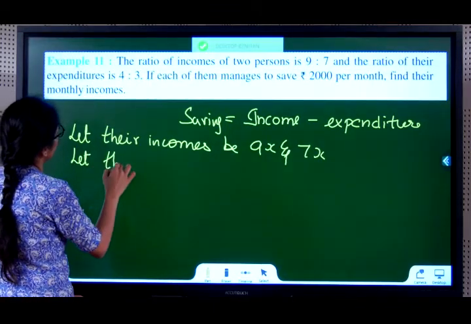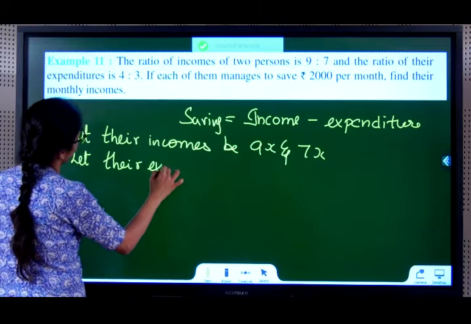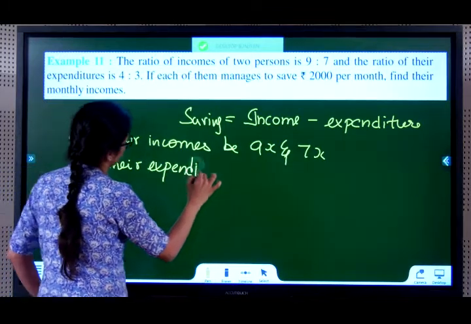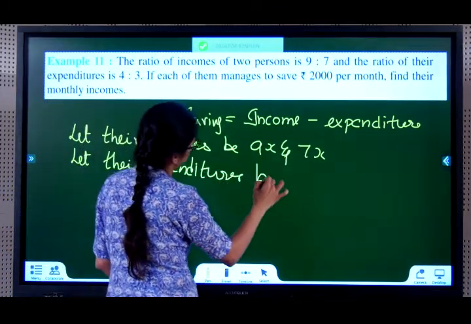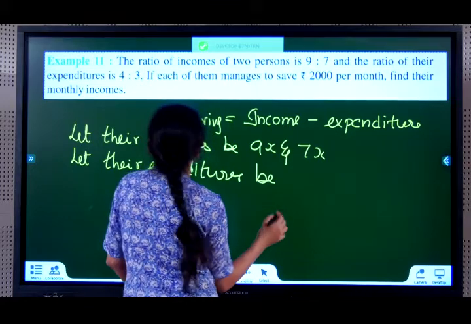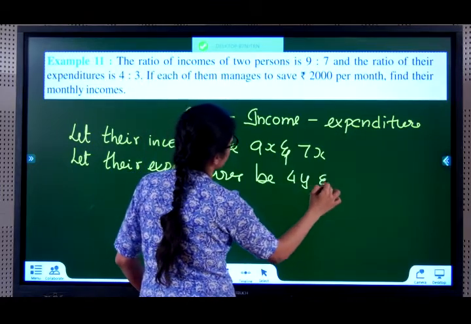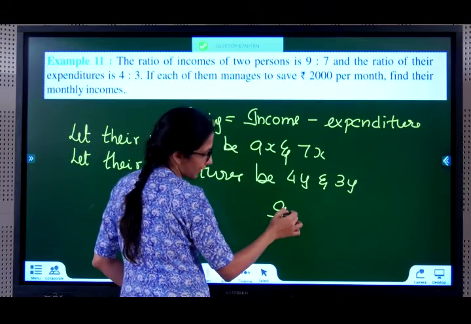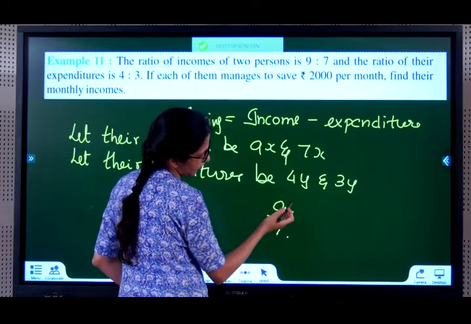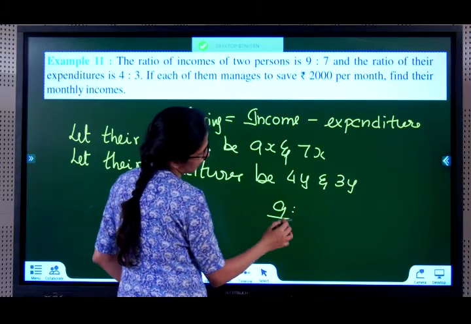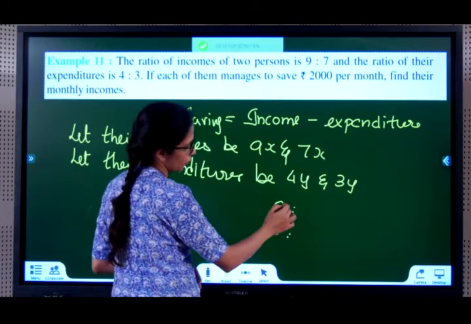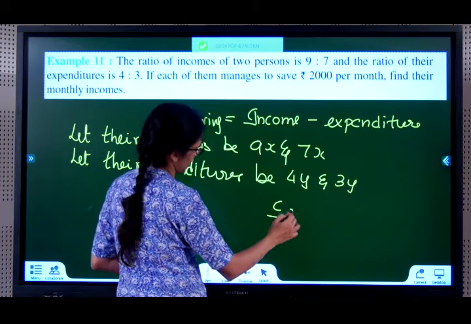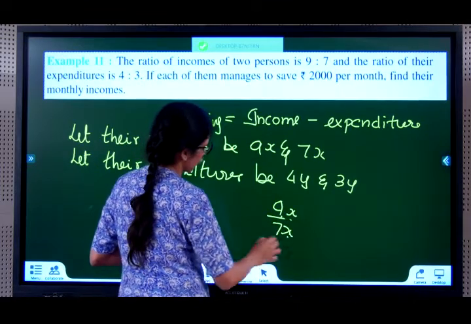Let their expenditures be 4y and 3y, because the ratio is 4:3. That means it can be anything. It can be 900 by 700, 9000 by 7000, 99 by 77. We don't know. So I just take it with the constant x. We have done this in so many cases by now. You should know it.